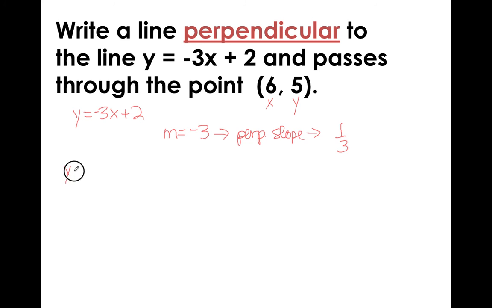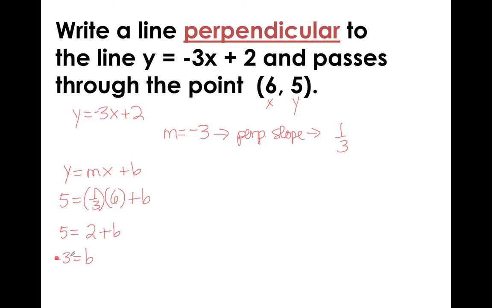So now I take this y, this slope, which is the perpendicular slope, this x, and I plug it in. That gives me 5 equals 2 plus b, which means that I get positive 3, I'm sorry, because we're subtracting 2 from both sides.